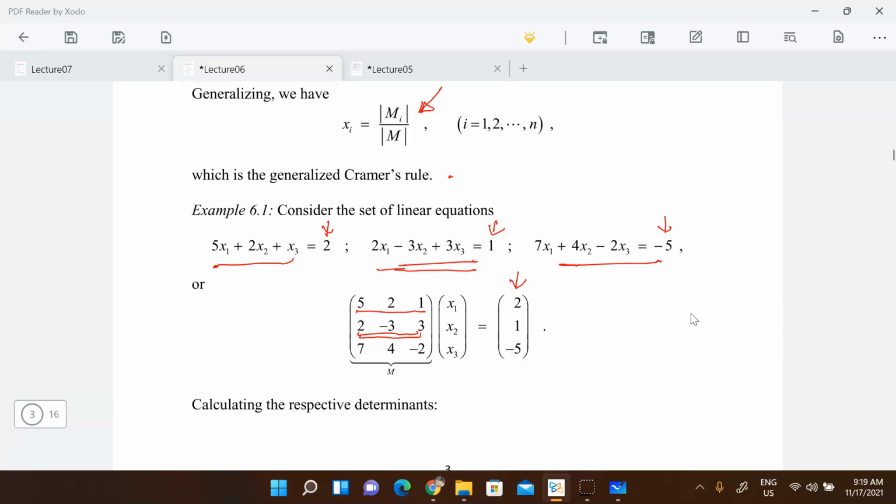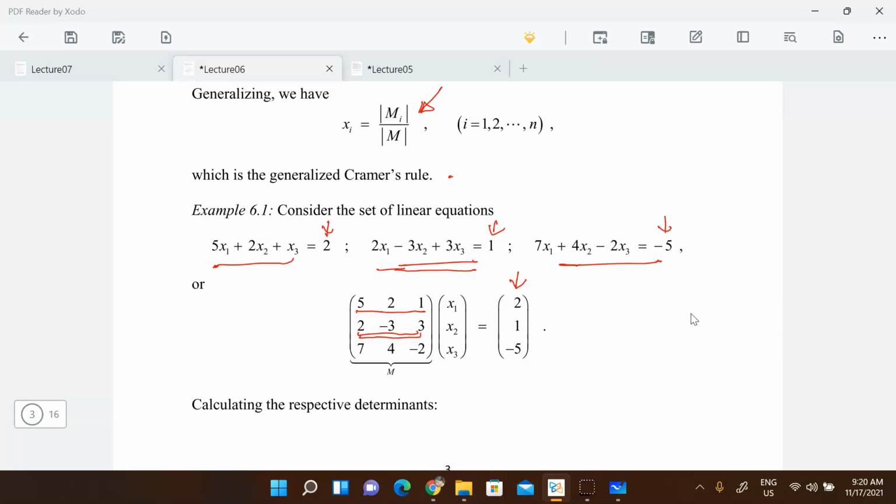Okay, so given that set of linear equations, write in terms of a matrix equation, and then try to solve it using Cramer's rule. Now there is an assumption that the equations that you have in a way have a solution.